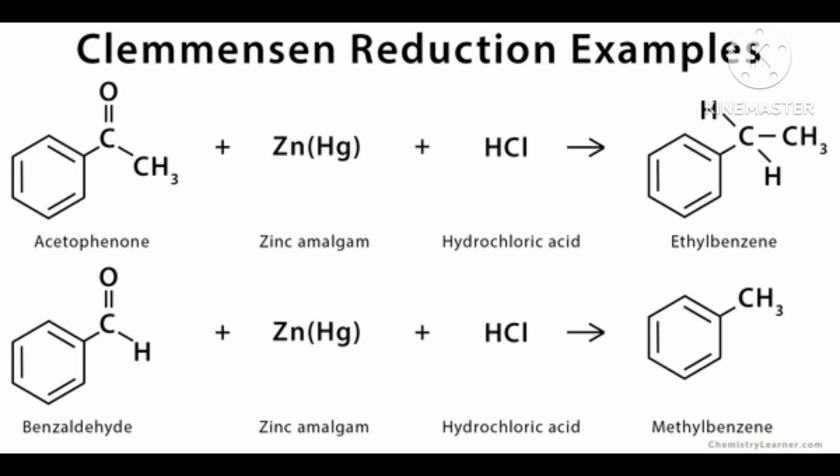Now another I told you, Wolff-Kishner reduction. There also this reaction will take place in two steps. In the first step, it is the same reaction only, the condition is changing. Here you are taking hydrazine, NH2NH2. Now you can understand very easily. There are two NH2 groups, with N, and with each N two hydrogens are there.